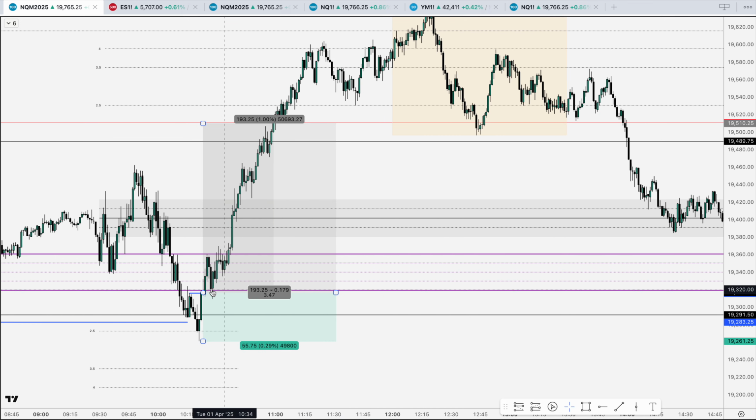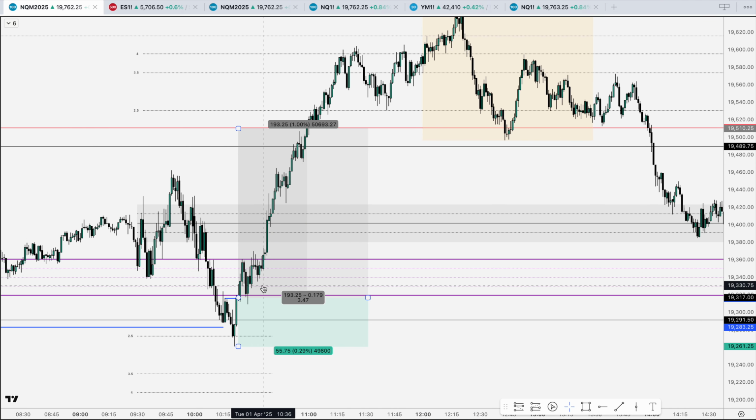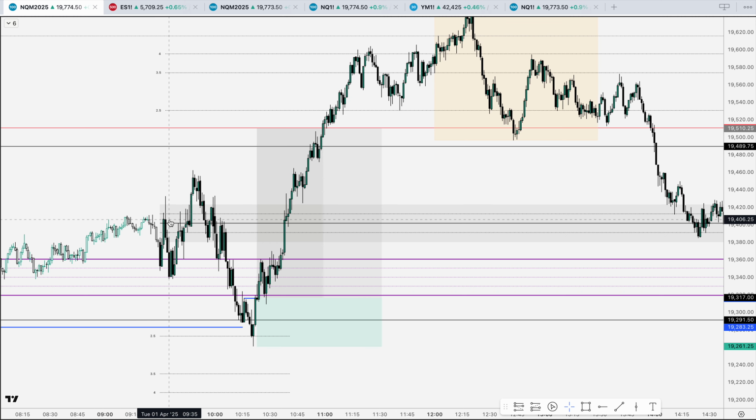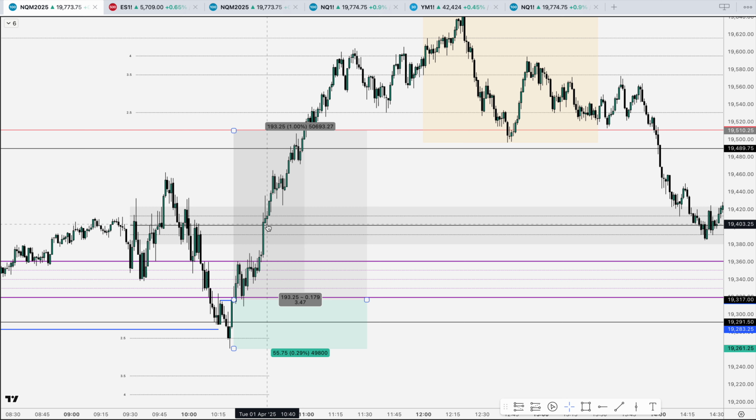We look at how we were basically creating a balanced price range inside of the new week opening gap, and then price just went higher, and we even created another imbalance displacing through the consequent encroachment of the regular trading hours gap. This is another institutional order entry drill.